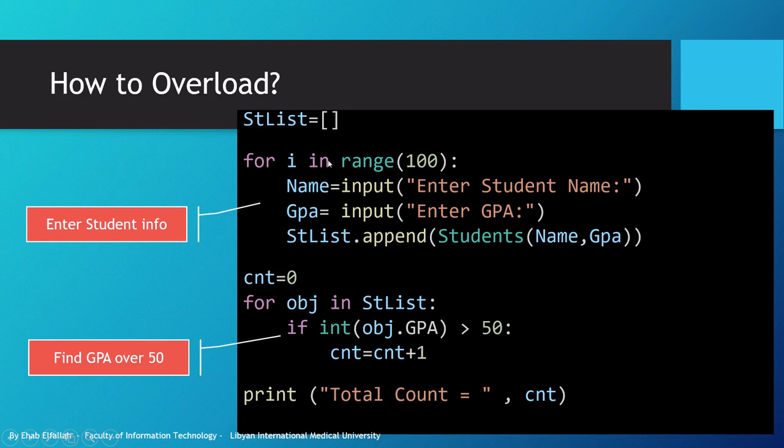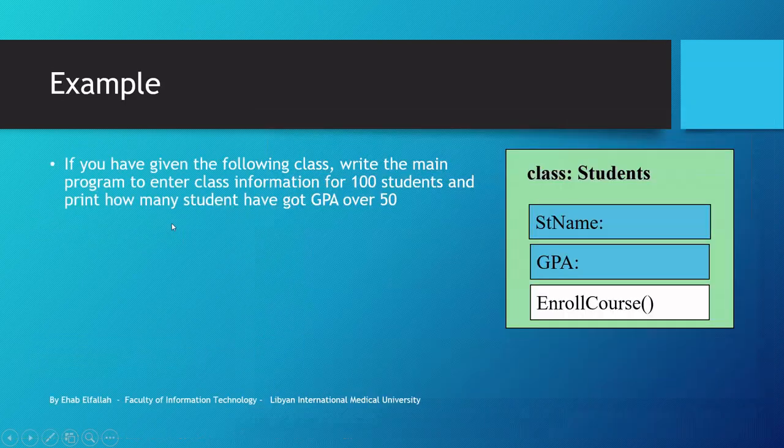That means we start a loop for 100 students. Then we read the input from the screen, the name and GPA. Then we take the name and GPA and append it inside that list. So in that way, student list dot append, a Student, the class we created, and we pass the name and GPA to the constructor. And these are the steps where we enter the student information.